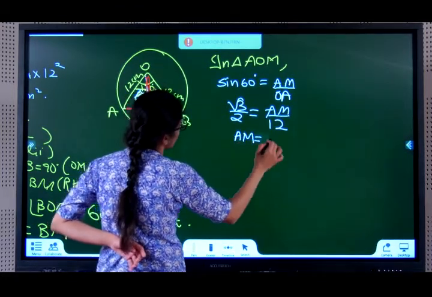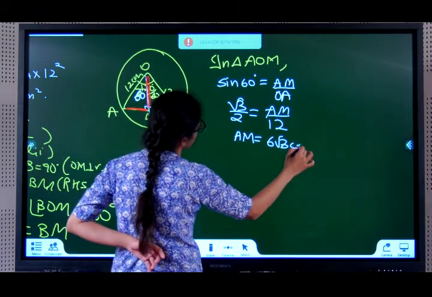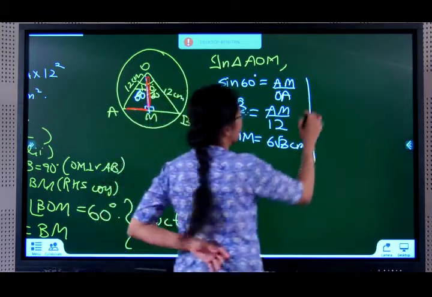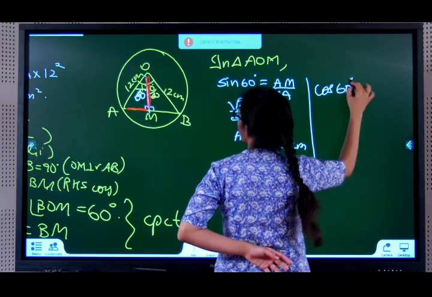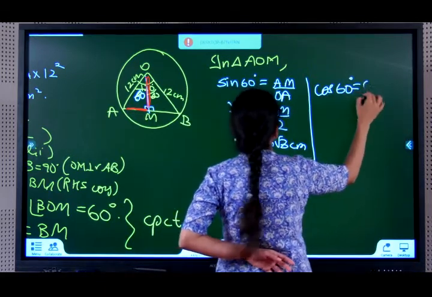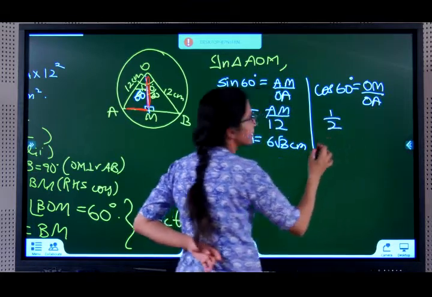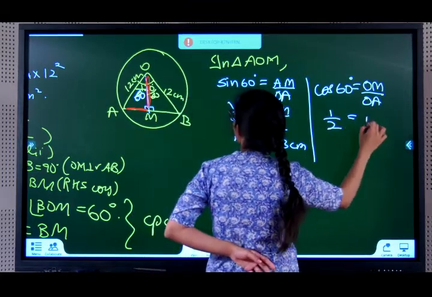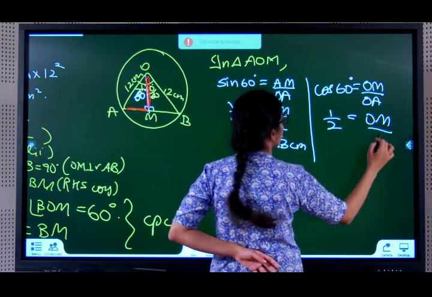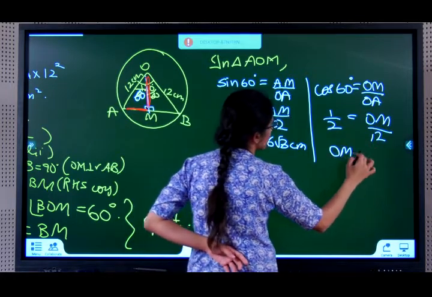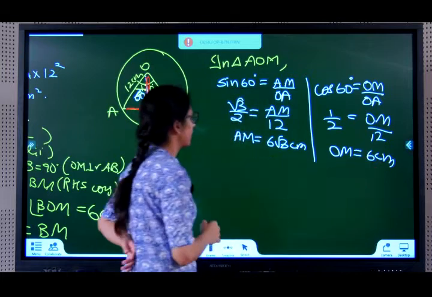AM is equal to 6 root 3 centimeters. Similarly, cos 60 degree is equal to adjacent OM by hypotenuse OA. Cos 60 degree is 1 by 2, OM is what I want and OA is 12. OM is 6 centimeters.